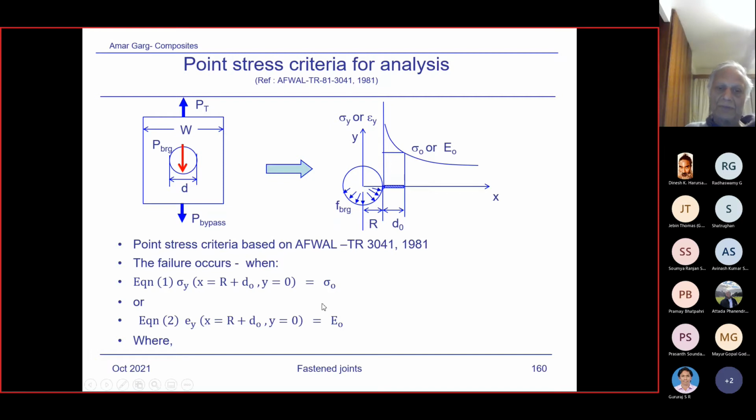So in terms of stress equilibrium, sigma y, or we call it strain, at x equal to r plus d naught, r is the radius, plus d naught is the characteristic dimension, at y equals 0 is approaching sigma naught, which is unnotched stress allowable, or epsilon y, that is a strain, is equal to epsilon naught. Epsilon naught is a strain allowable for this condition.